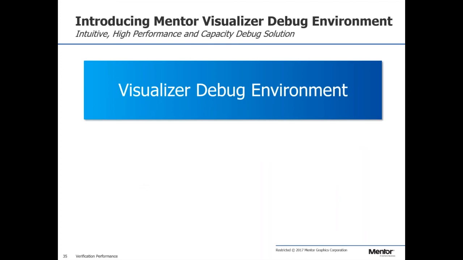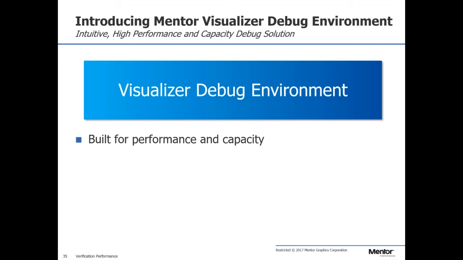So Visualizer is a separate product from Questa. It is an add-on. Questa has the traditional Tcl debugger. It is a decent debugger. I'm not saying that it is bad, but it has a few flaws. The flaws are that designs have gotten so big that the database structure, that WLF file, has reached its limits to some extent.